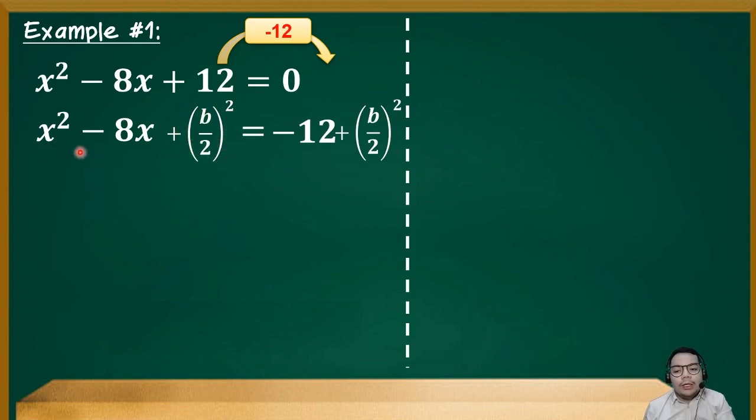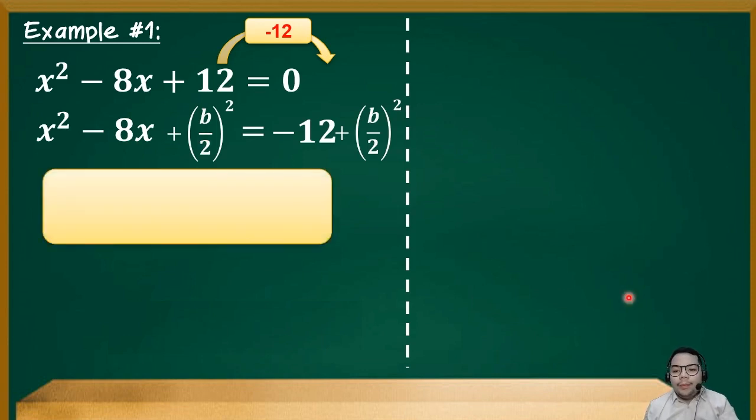But since this is an equation, kailangan both sides will have plus b over 2 quantity squared, because of the same rule. Whatever you do on the left side of the equation, you will also do on the right side. Okay, let's try to make this a perfect square trinomial. Let's consider once again the formula b over 2 quantity squared.